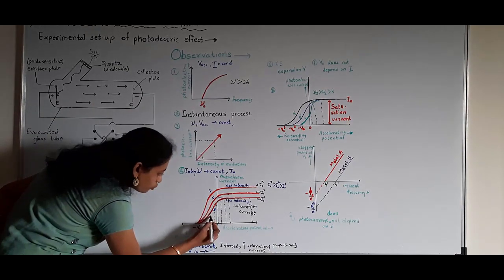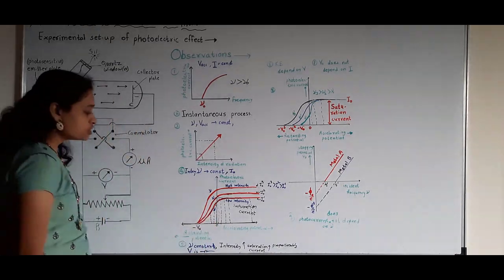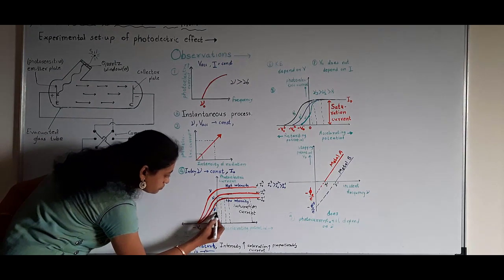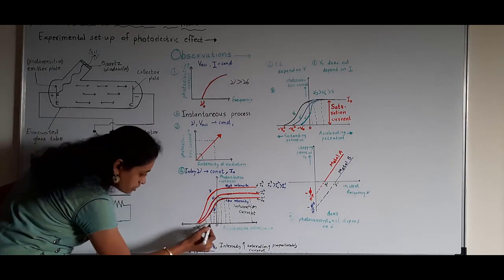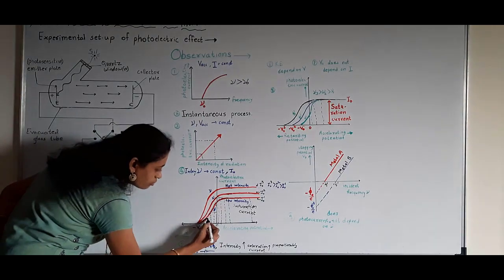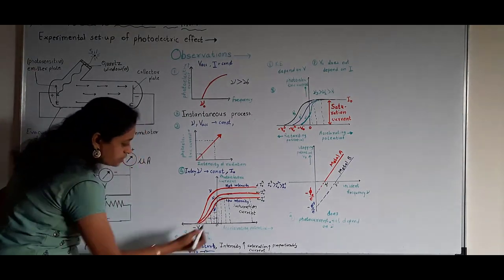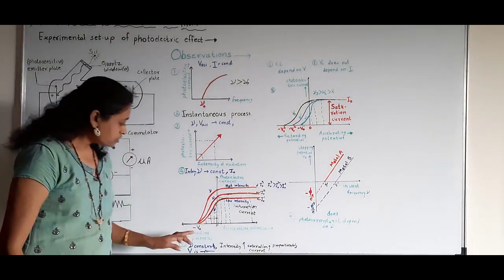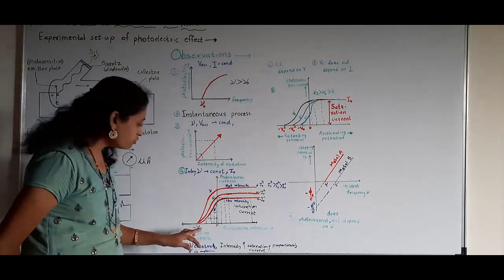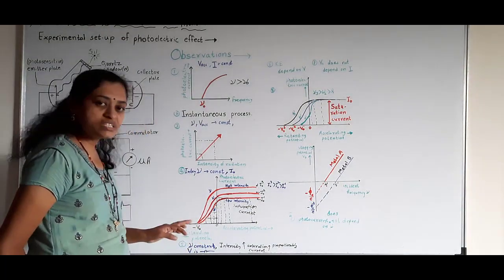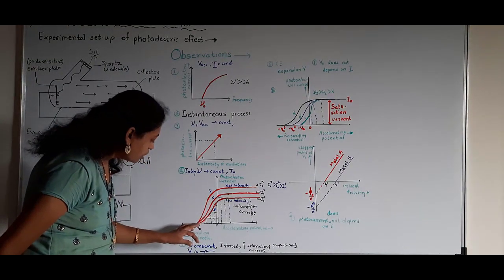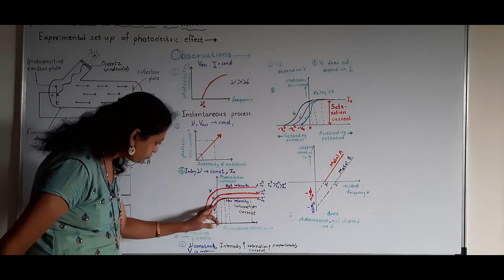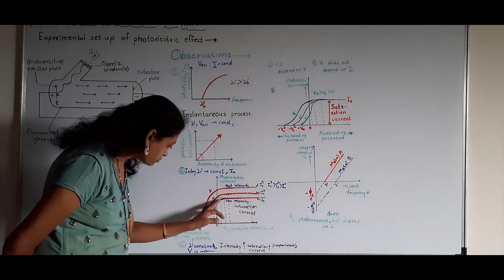Again we increase the negative potential, and the photocurrent decreases. We are considering a given frequency and intensity, and we can observe this first graph.